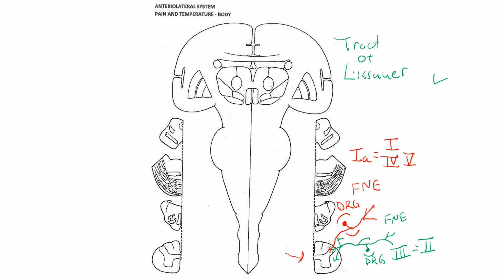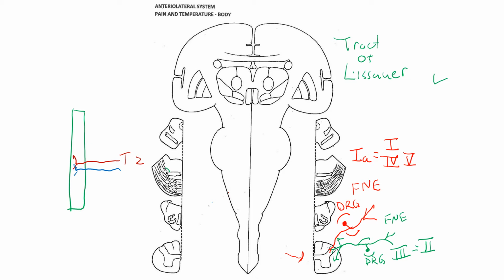So here's what we're saying. If this represents the spinal cord and we have the fast pain, let's say this is T2. We are going to have that nerve come in, synapse only at the level of T2. But if this is slow pain, it's going to come in and also synapse at the level of T2.